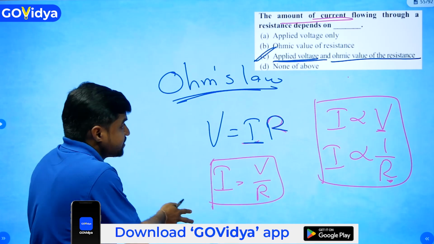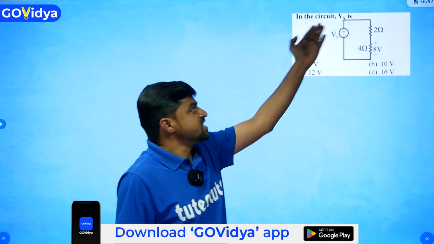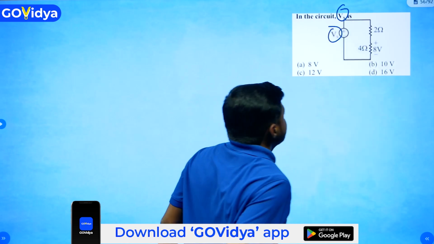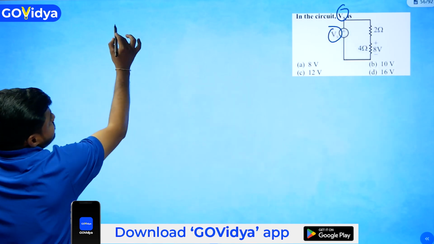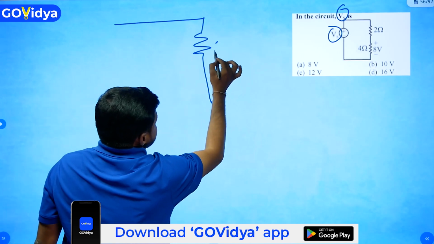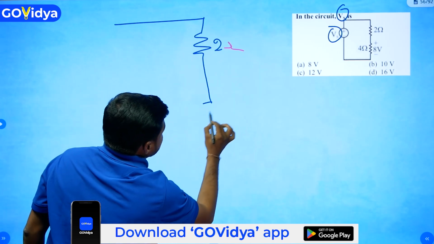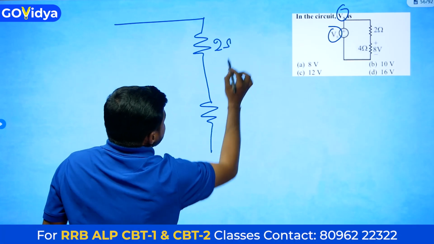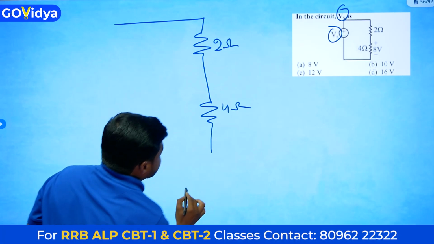Next question. In the circuit, we have to find this Vs value. I will read out the circuit. This is a 2 ohm resistance and this is a 4 ohm resistance. 2 ohm and 4 ohm are connected in series.